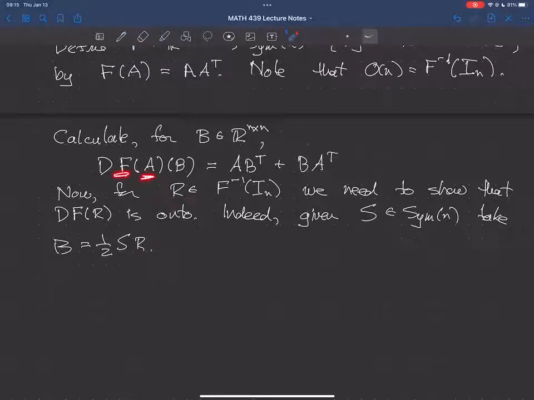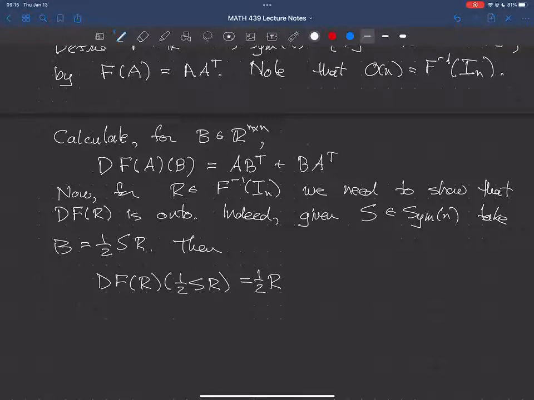Okay, and so what I'm going to show is that if I take now the derivative of f at R, and evaluate it in the direction of B, that I get S back, and that will show that it's onto. So then df at R evaluated at 1/2 SR. So hopefully I did my calculations right. Okay, so this is R, and there's going to be a half there.